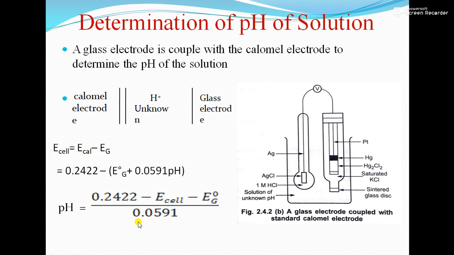So that is the determination of pH of the solution by coupling glass electrode with calomel electrode. That is the reference electrode, calomel electrode, and the indicator electrode is the glass electrode. Thank you.